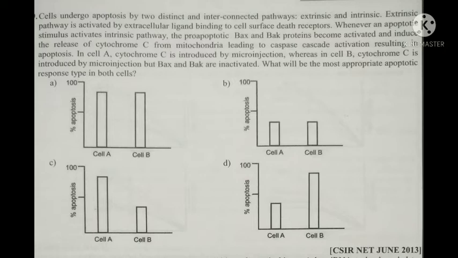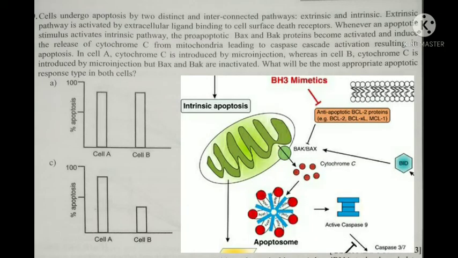So there are two cells, A and B. In cell A only cytochrome C has been introduced, but in cell B cytochrome C is introduced along with that, Bax and Bak are inactivated. And we know that Bax and Bak form the channel during apoptosis for the exit of cytochrome C from the intermembrane space to the cytoplasm in order to begin the caspase activation.